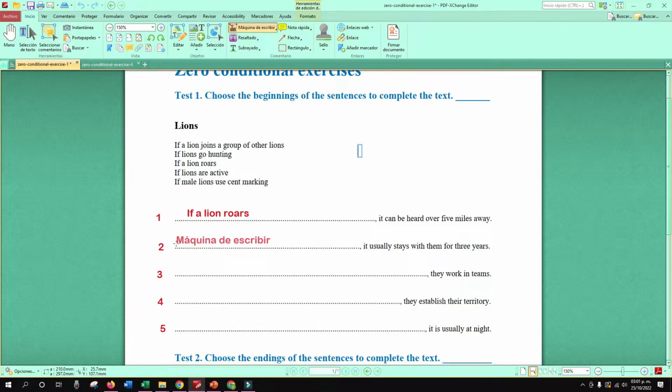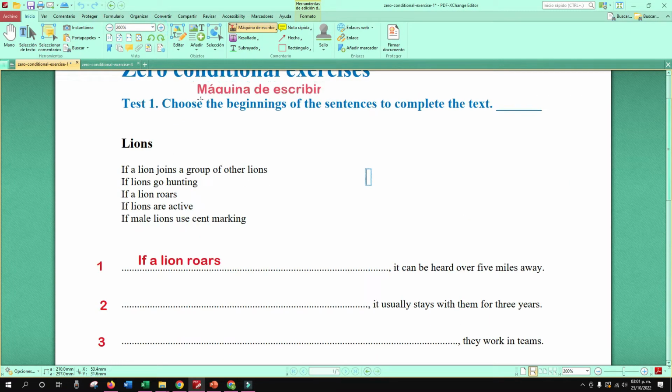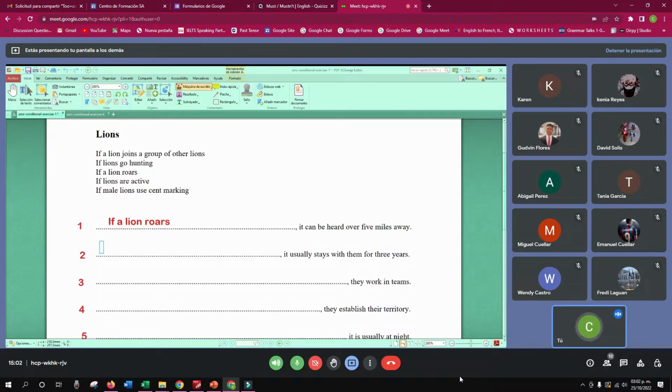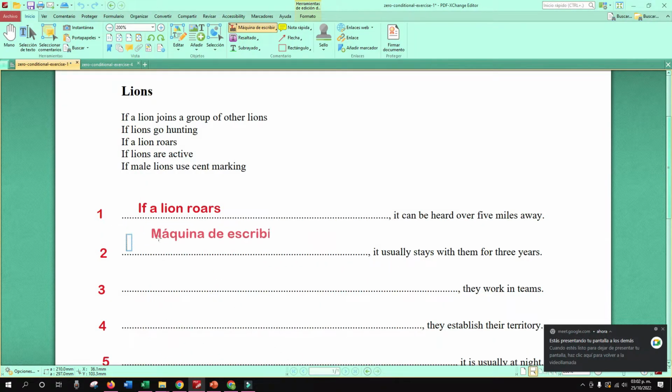So, a volunteer who wants to do the number 2. Who wants to? A volunteer? Yes? Who wants to, guys? The number 2. Me, teacher. Okay, Mr. Goodwin, thank you. Tell me.